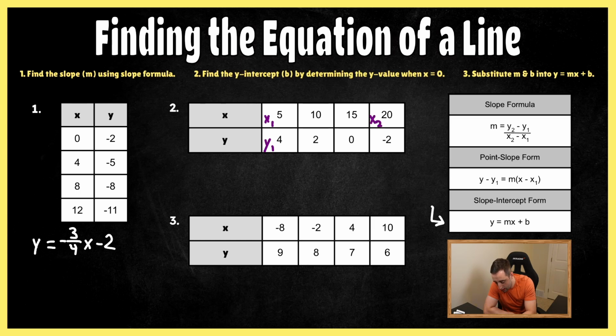So x2, y2. Now let's plug it into slope formula. So we have m equals y2 is -2 minus y1, which is 4, all over 20 minus 5. Then we have m equals -2 minus 4 is -6, all over 20 minus 5 is 15.